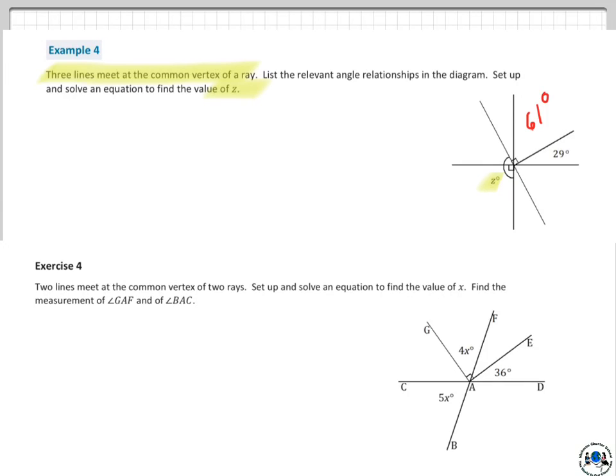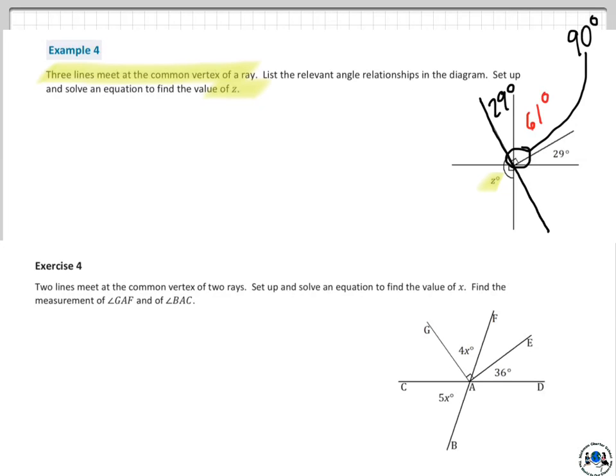Okay, so here's what I have presently: I have 61, 29, and Z. And I know that entire angle, where that 61 sits, is 90 degrees. Therefore I know the angle next to it, its complement, I used a complementary angle here, is 29 degrees. All right, so I'm getting there.